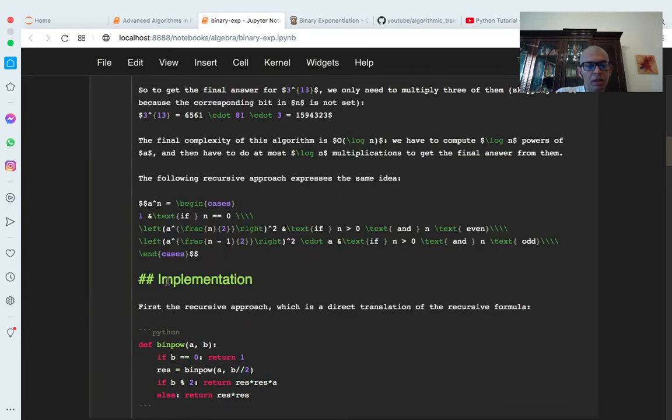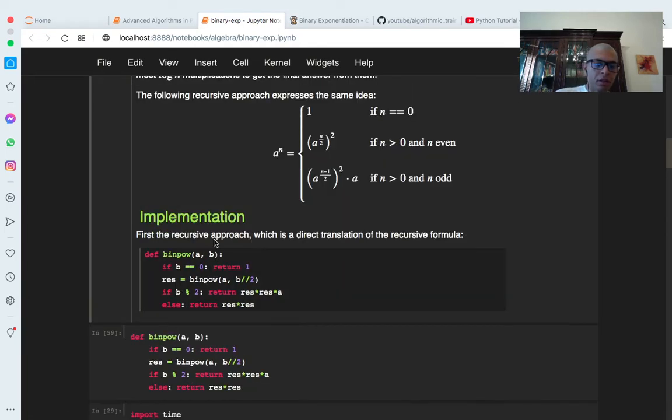We calculate the result, and the result is binary power of a, b by 2, and this is the floor, the integer division. So we really have to do the integer division here. Each time we have to divide this n by 2, and we calculate the power of a by n by 2, and this b is n.